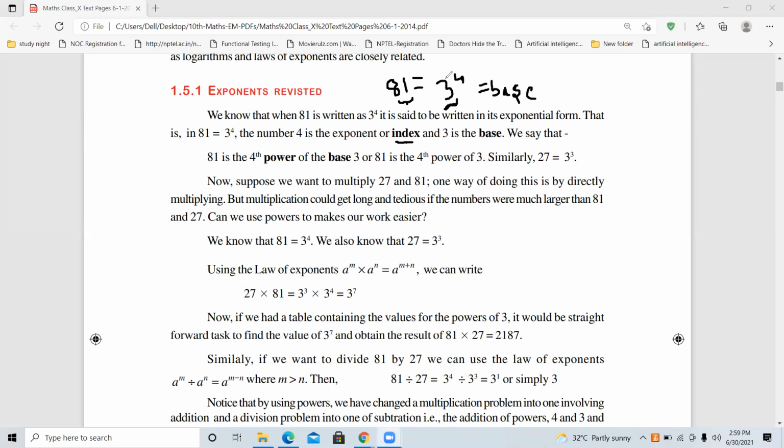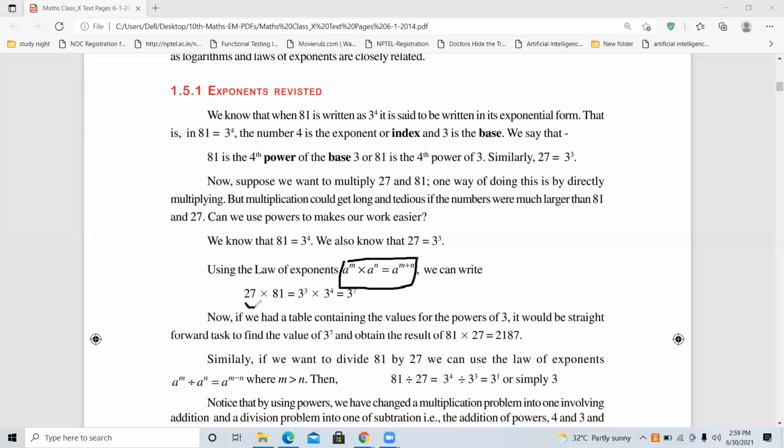Now, we are going to learn the laws of exponents. Actually, there are three laws of exponents. The first is a power m into a power n is equal to a power m plus n. Let us check how it is possible.